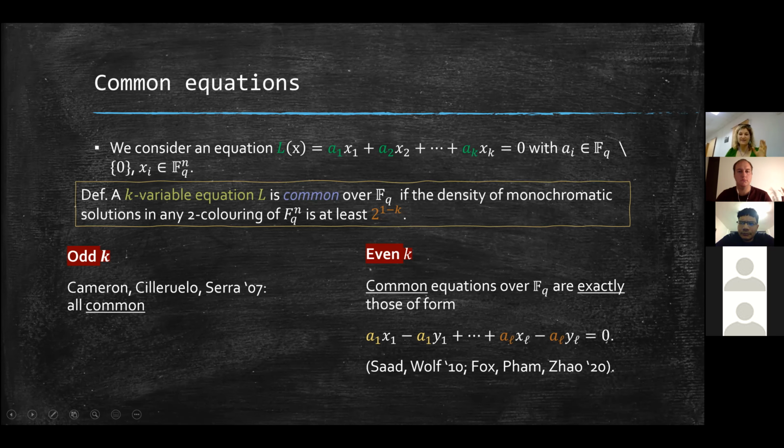And now a natural question to ask is, what about systems of equations? Both of these author groups, Saad and Wolf, and Pham and Zhao, asked, can we have a similar characterization for systems of equations? And there, a first example would be k-term arithmetic progression. So here comes the definition that I rushed ahead.